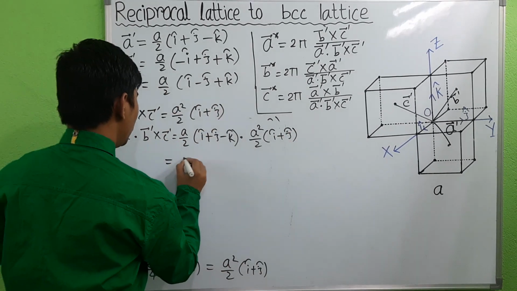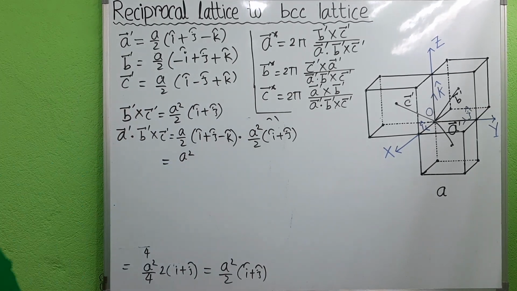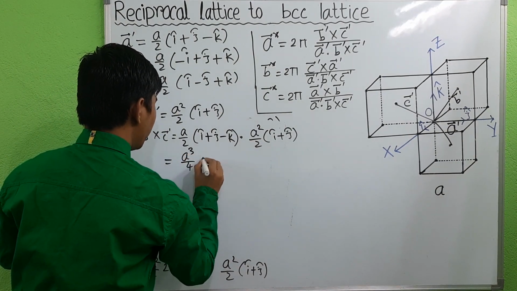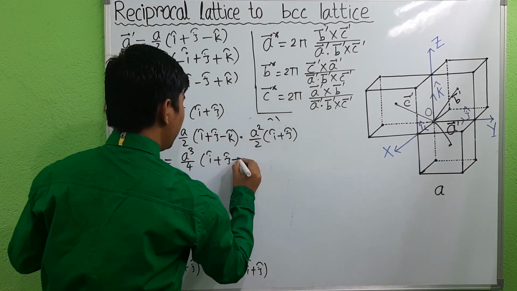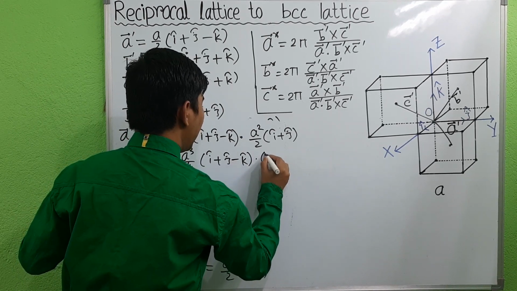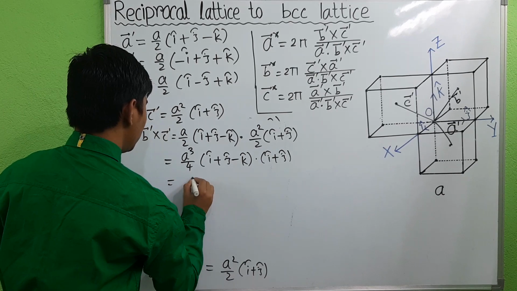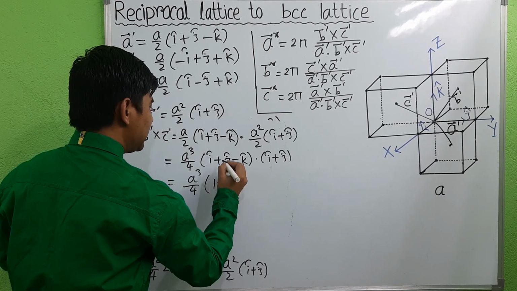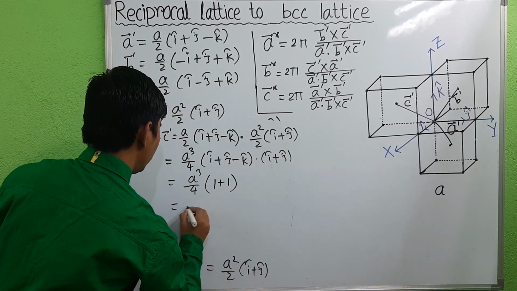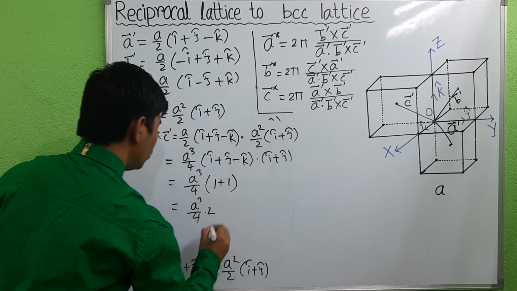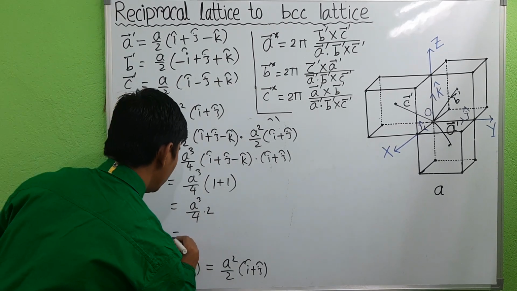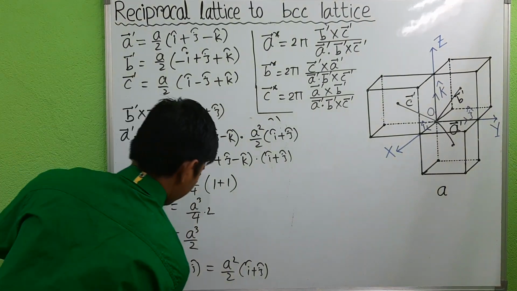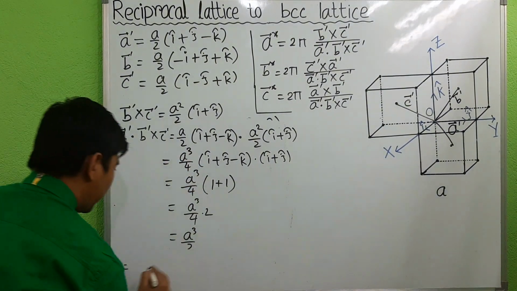So this equals a cube by 4 (i cap plus j cap minus k cap) dot (i cap plus j cap). i cap dot i cap is 1 and j cap dot j cap is 1, so this equals a cube by 4 into 2, which is a cube by 2.